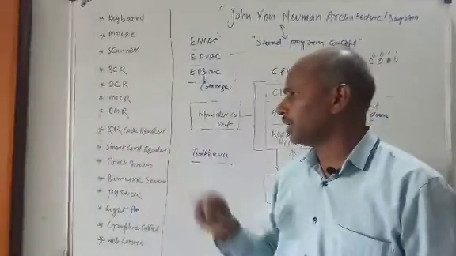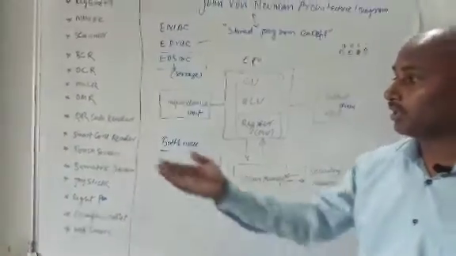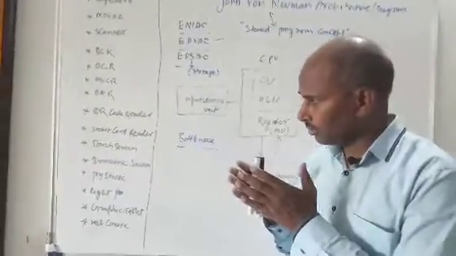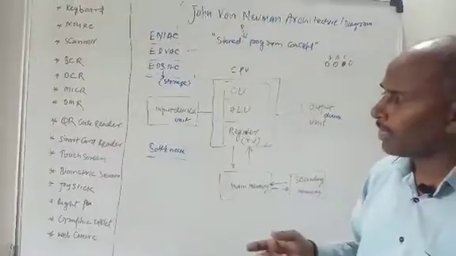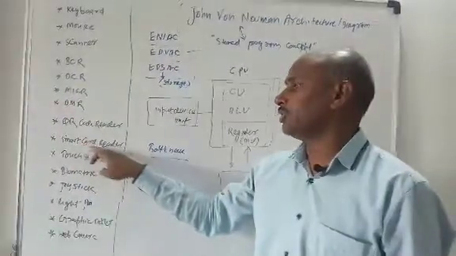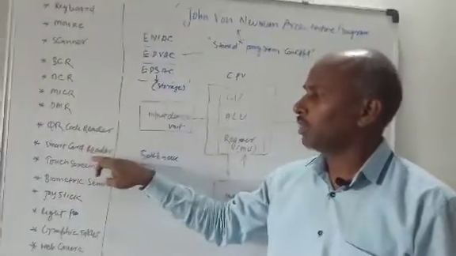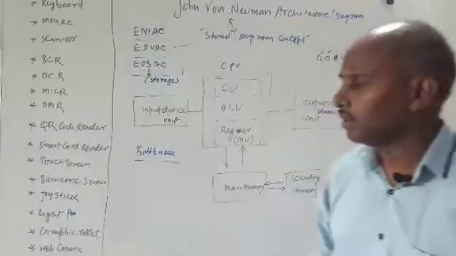A smart card reader. You have seen the POS machine, and this smart card reader is attached in a smart card POS machine, and our ATM card is read by the smart card reader. This is also embedded in the ATM machine. Touch screen.